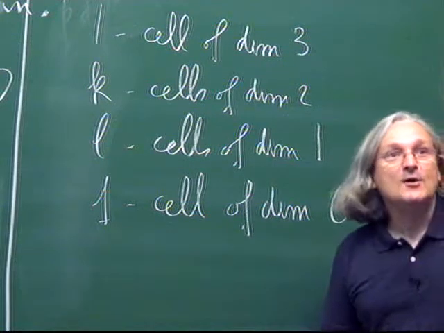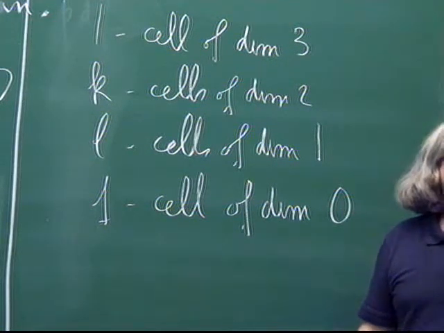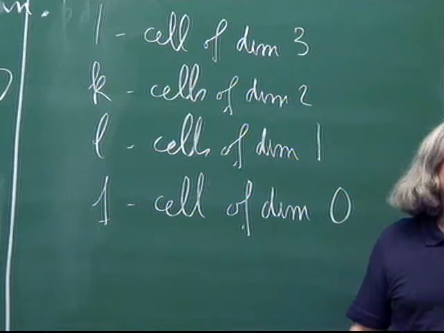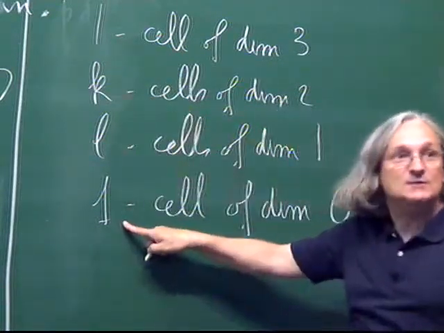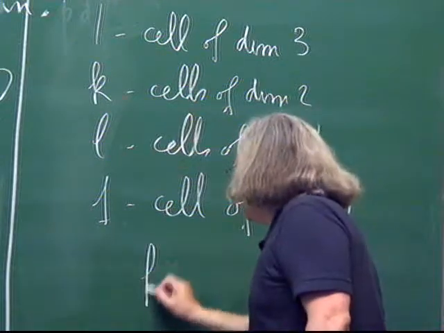Now, if I write down the fact that the Euler characteristic of the 3-manifold is 0, I get that 1 minus K plus L minus 1 is equal to 0, so K is equal to L.